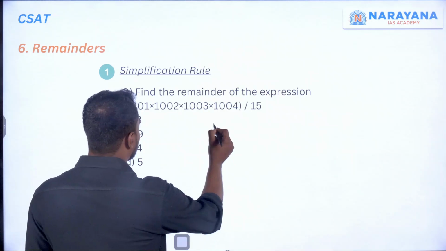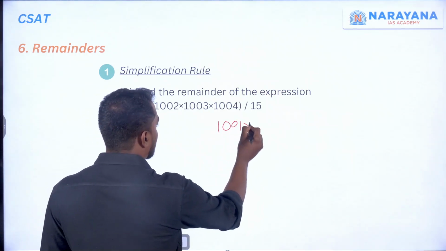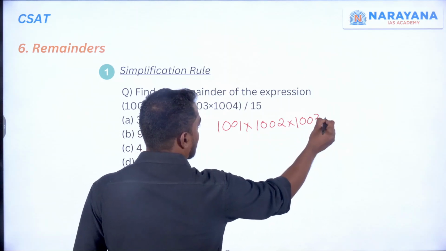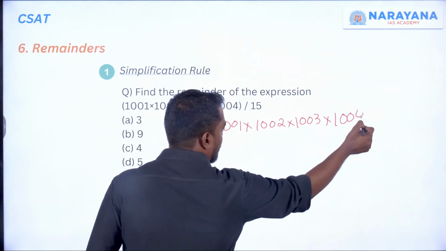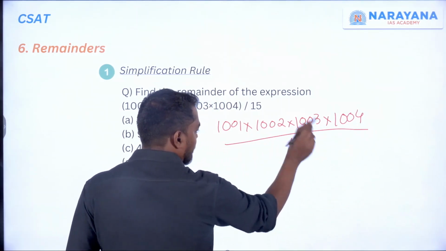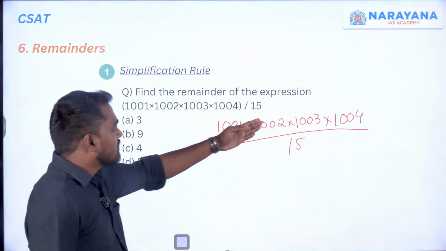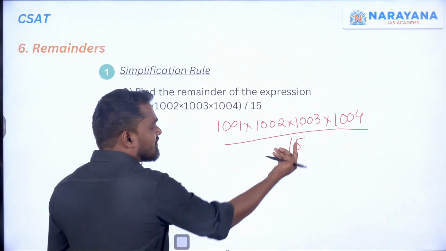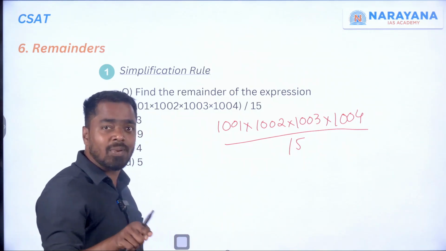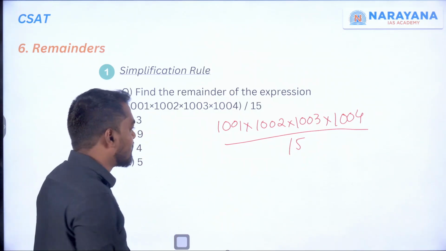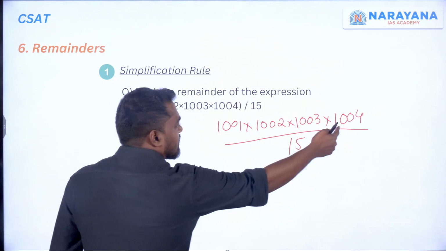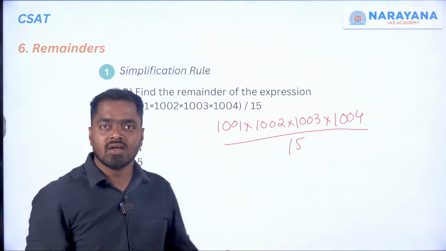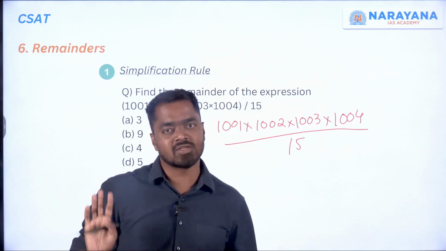So what is the expression given? 1001 into 1002 into 1003 into 1004 divided by 15. Try to find if there is any common factor or not. 15 can be divisible by 3. Here you have to apply the divisibility rules that we learned earlier. So check whether any numerator is divisible by 3 or not. What is the divisibility rule for 3? Sum of all the digits should be divisible by 3.